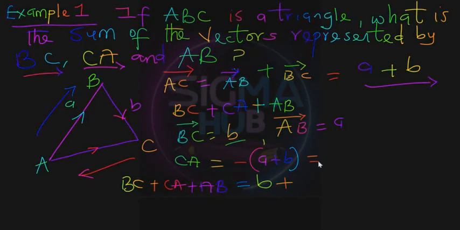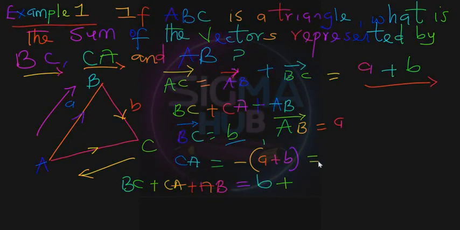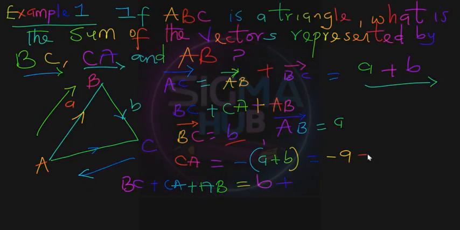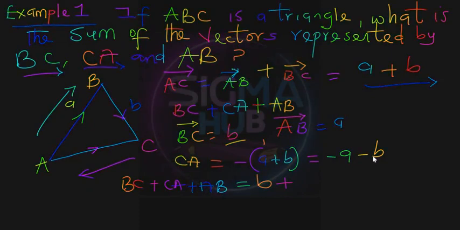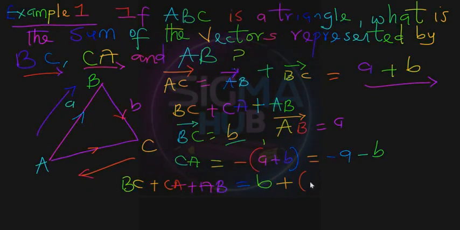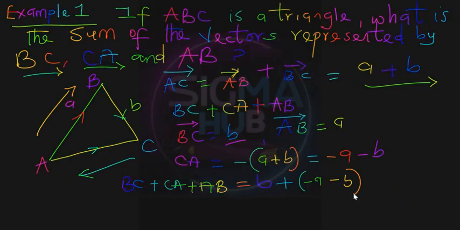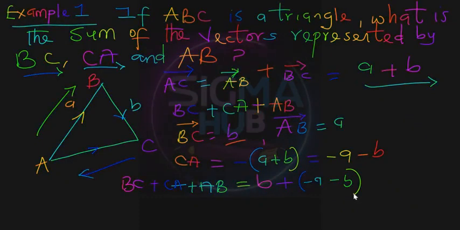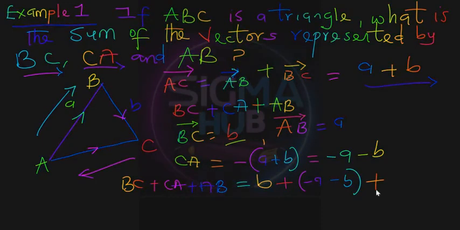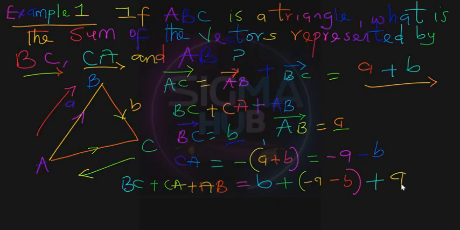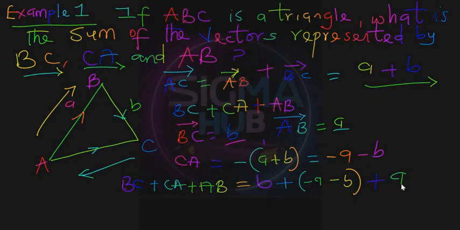Minus times plus is negative, so that's negative a, then minus b. We have minus a and minus b, that's our CA. Then plus AB, and AB is a, so plus a. Let's quickly remove the bracket and see what the answer is.